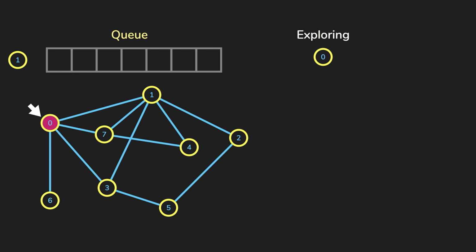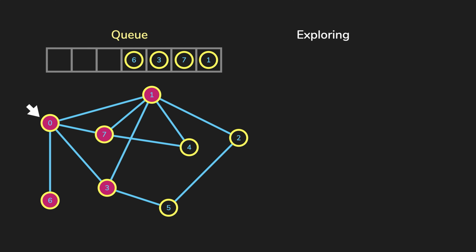And every time you discover a vertex, you mark them, so you won't explore them more than once, since you could get into an infinite cycle if you keep exploring the same vertices. So as we discover 1, 7, 3, and 6, we are marking them and adding them to the queue. The vertices filled in red means that it's marked.